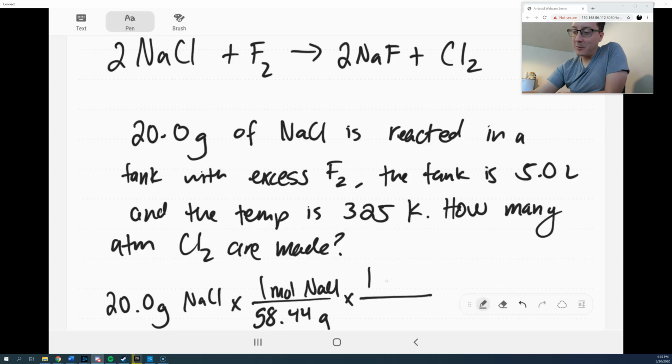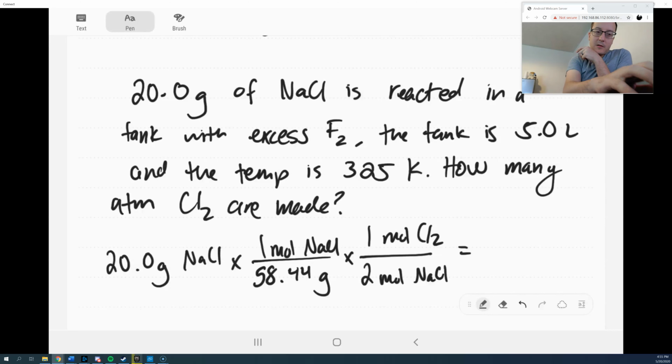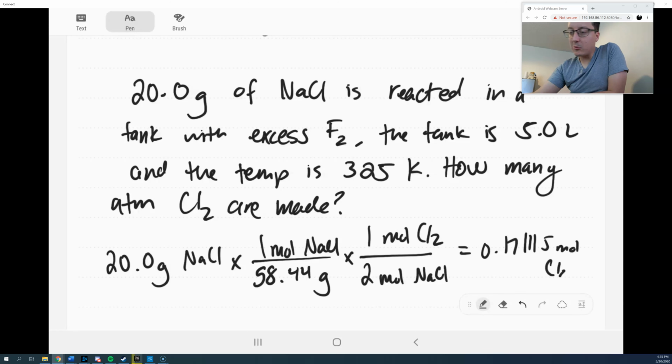So we're going to have 1 mole of chlorine and 2 moles of NaCl. We got those from the reaction. Okay, doing this: 20 divided by 58.4 divided by 2 is going to be 0.1711115, whatever, moles of chlorine.